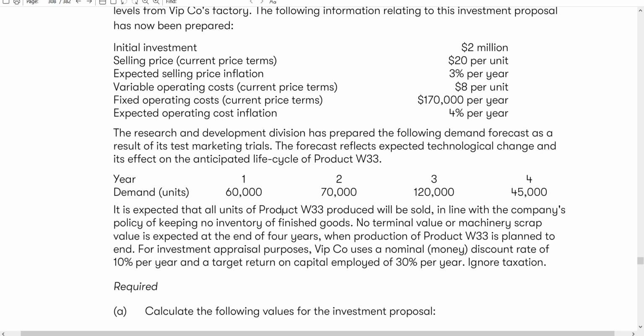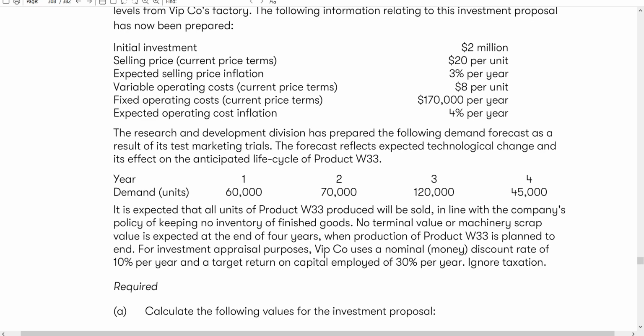In the company's policy of keeping no inventory of finished goods, that's important, no terminal value or machinery scrap value is expected at the end of the 4 years, when production of product W30 is planned to end.